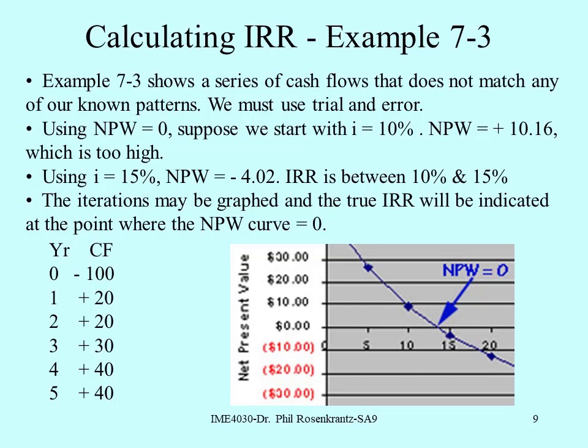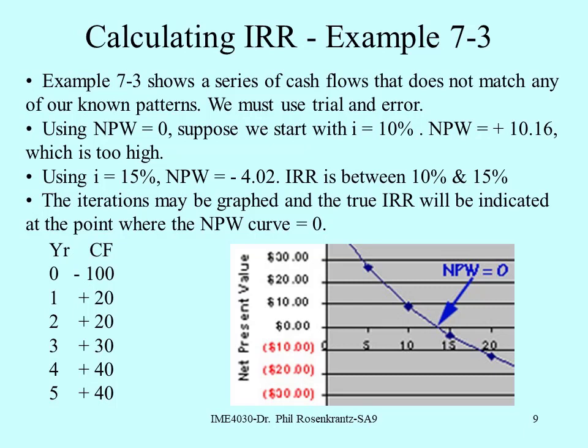We have to use trial and error, but we've got a lot of different factors here. But if we go through and we find the present worth at, say, 10%, we come up with a net present worth of 10.16. We're using the net present worth equals 0 identity in this case.